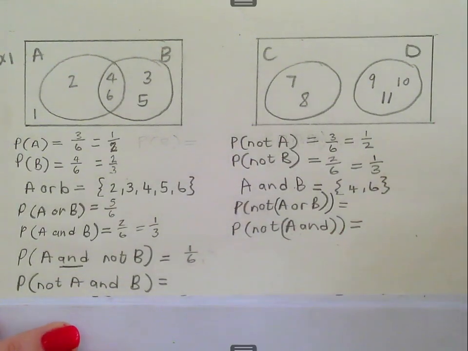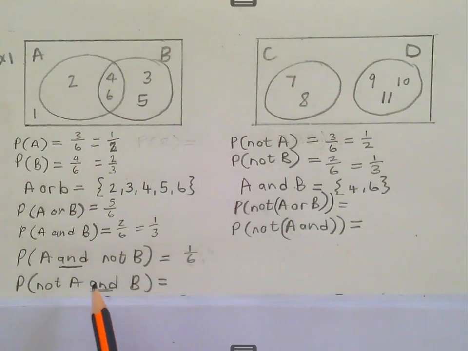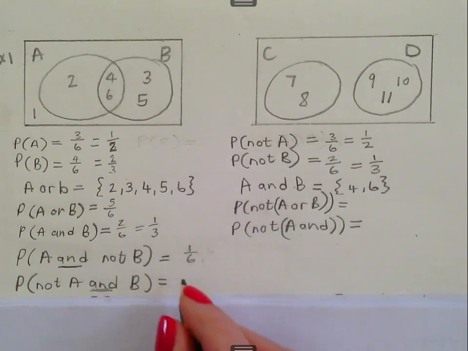What is the probability of not A and B? So you see they're asking and again. So therefore it must be true for both of the events. Now the first event is not A. Who is not in A's circle? Only 3 and 5. 1, 3 and 5.